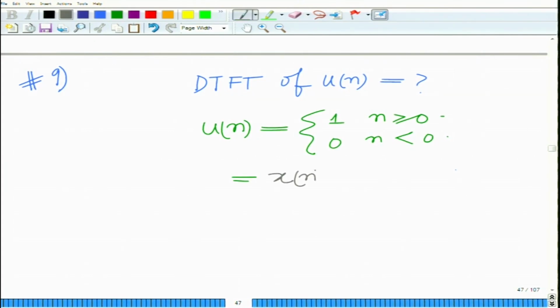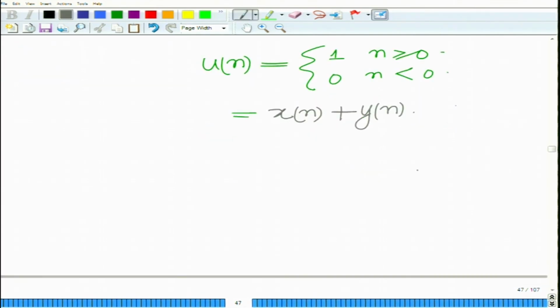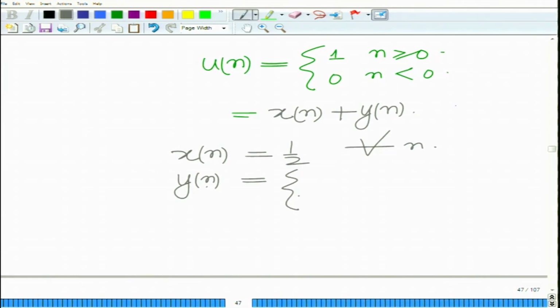I can write u of n as x of n plus y of n, where x of n equals half for all n and y of n equals half for n greater than or equal to 0 and minus half for n less than 0.